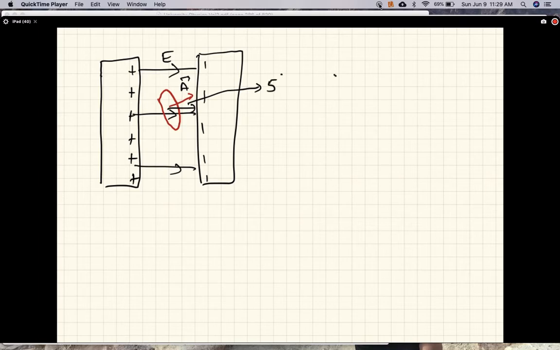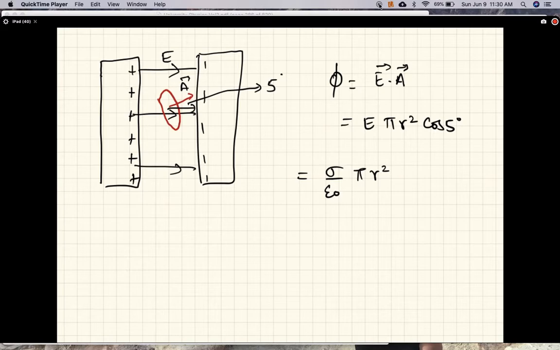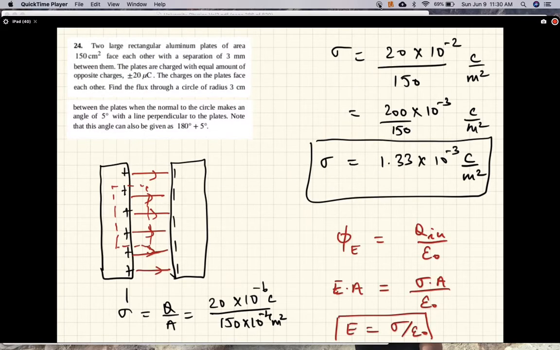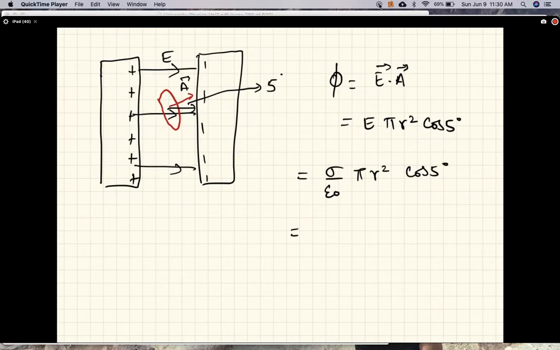All right, so the flux is given by E dot area, which is E times pi r square times cosine 5 degrees. Okay, so sigma by epsilon naught pi r square cosine 5 degrees. And what is r? R is 3 centimeters. So flux is sigma by epsilon naught.